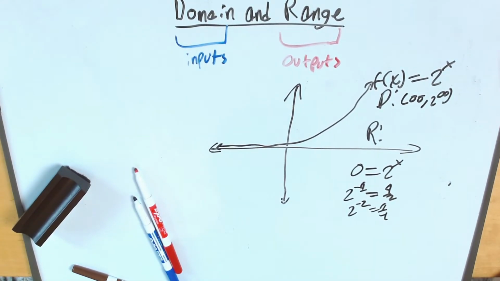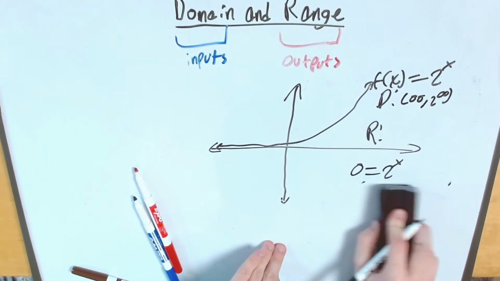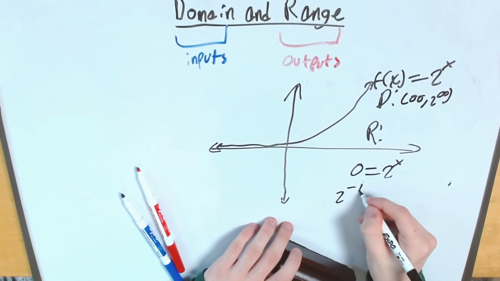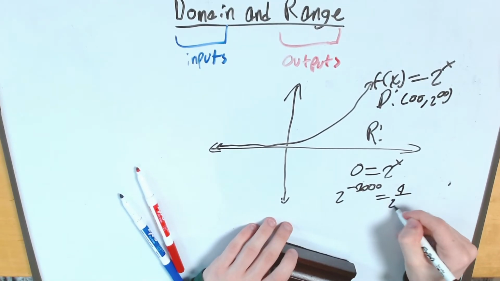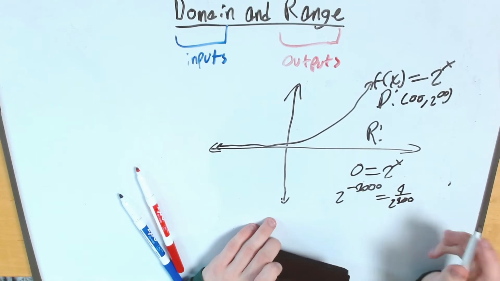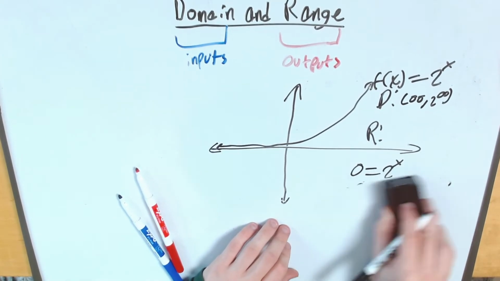And I can keep making my exponents more and more negative. I can do 2 to the negative 1,000, and I will still get 1 over 2 to the 1,000. So I'll get my numbers smaller and smaller, but I can never get them to 0.